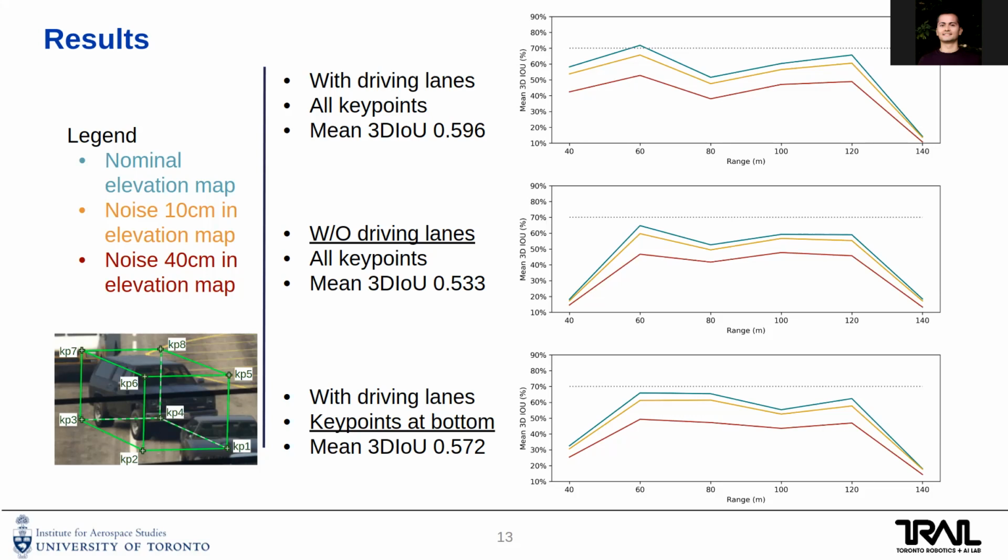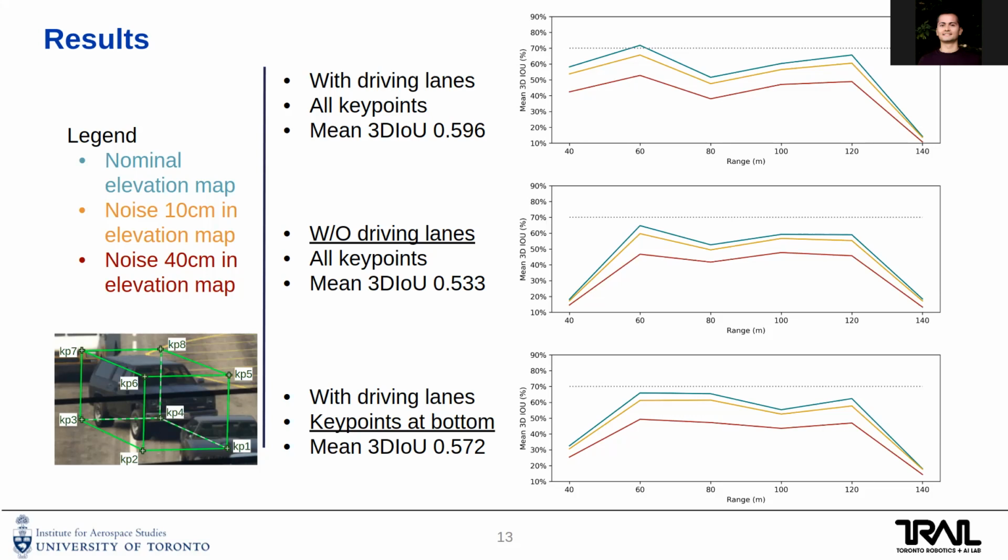The figure on the center right corresponds to the experiments without using the driving lanes, and using all of the key points we can see a reduction in the performance of the model. That means the driving lanes certainly contribute as a prior to help improve the effectiveness of the 3D object descriptor.